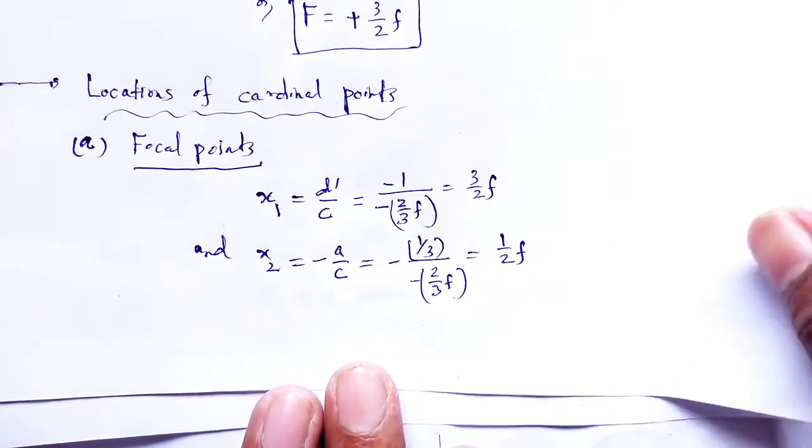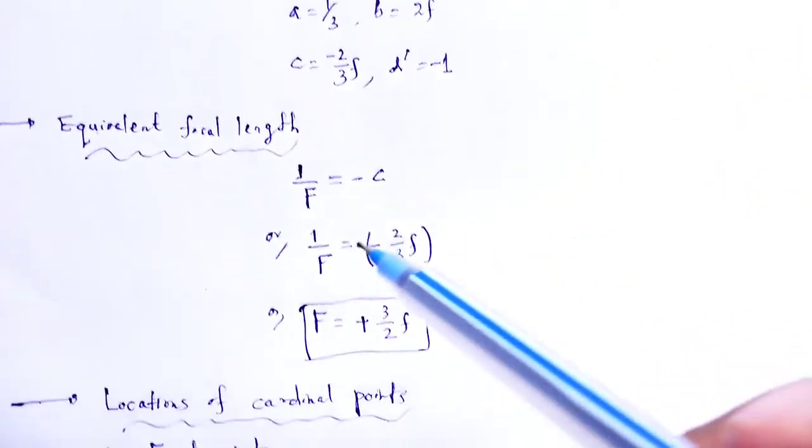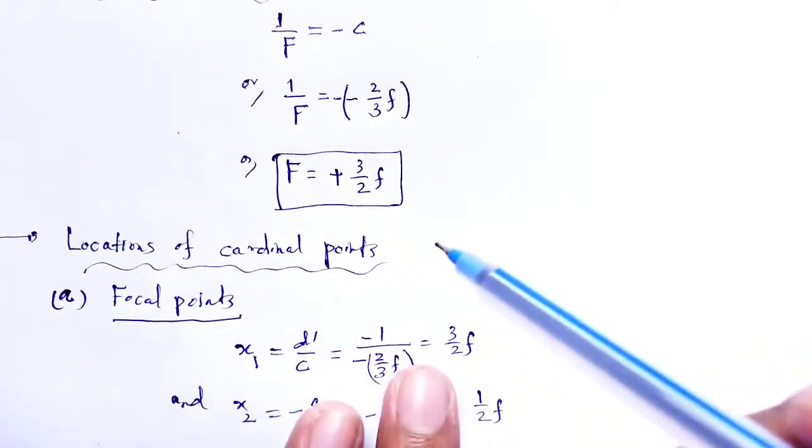By using the concept of system matrix components, I calculated the equivalent focal length and location of cardinal points.